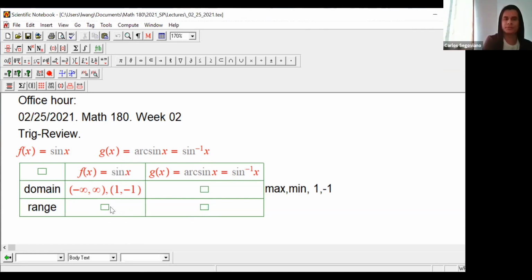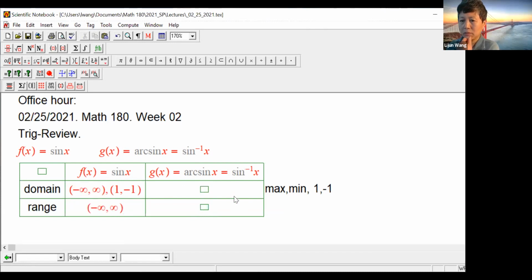All real numbers, same. How about for arc sine? -1 to 1. Anything else?